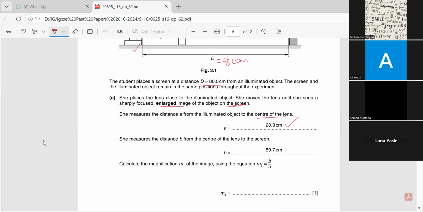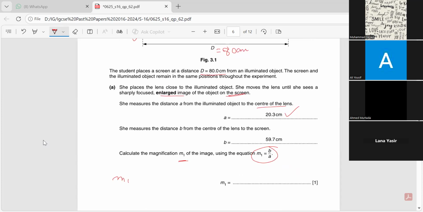Centimeters. So calculate the magnification M1 of the image using this equation. The formula is always given. So magnification M, this is B, which is 59.7 centimeters over 20.3 centimeters. Now don't start rounding it off, no need. When calculating 59.7 over 20.3, I'm getting 2.940.